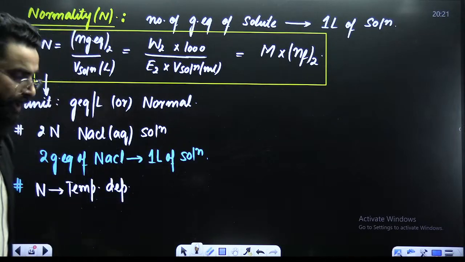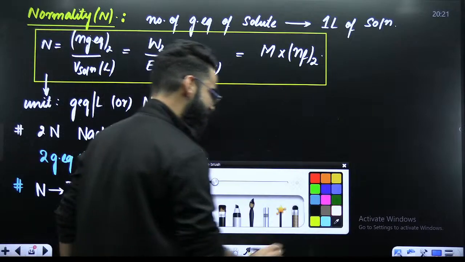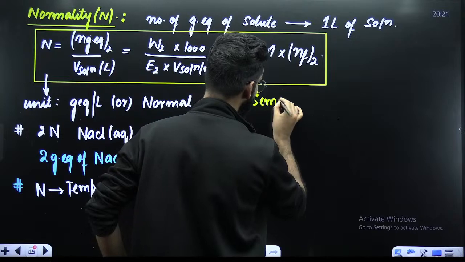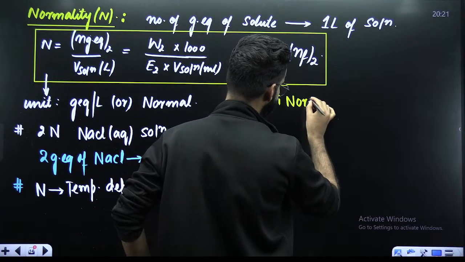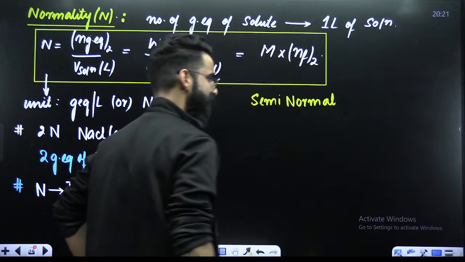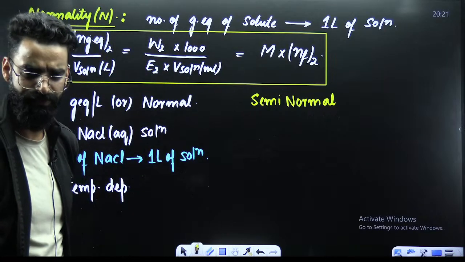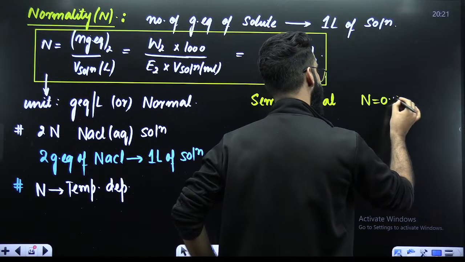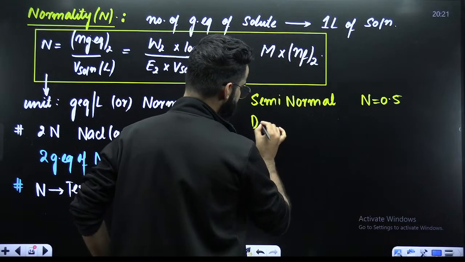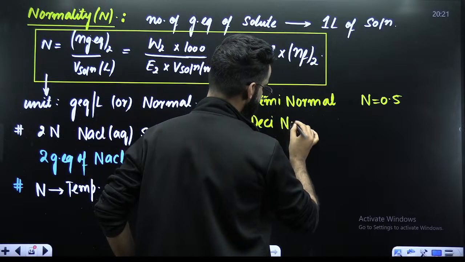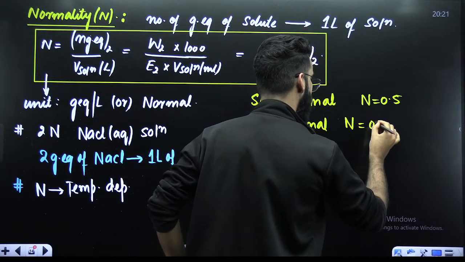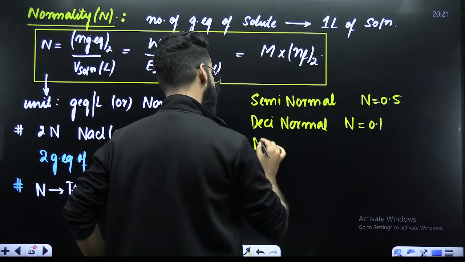All right. Now, people, sometimes in the question you'll find a term like semi-normal solution. What is a semi-normal solution? A semi-normal solution is the one whose normality is 0.5. Sometimes they'll give you a term like deci-normal. A deci-normal solution is the one whose normality is 0.1.